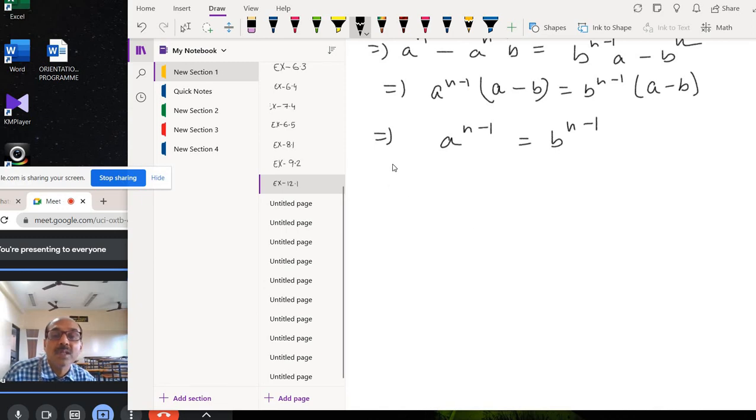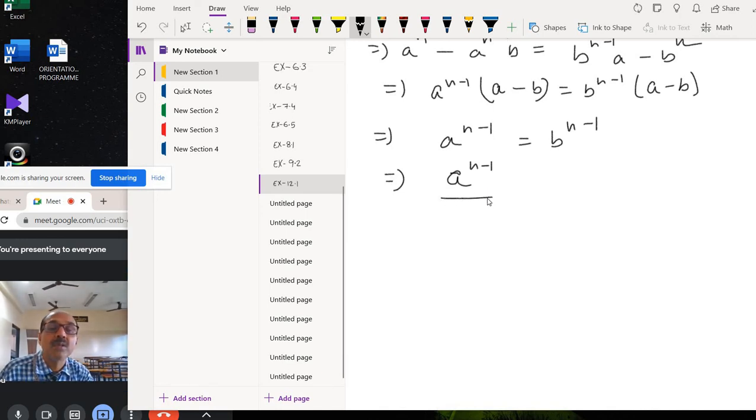Now this divided by this: a to the power n minus 1 by b to the power n minus 1, so we can write (a by b) to the power n minus 1.